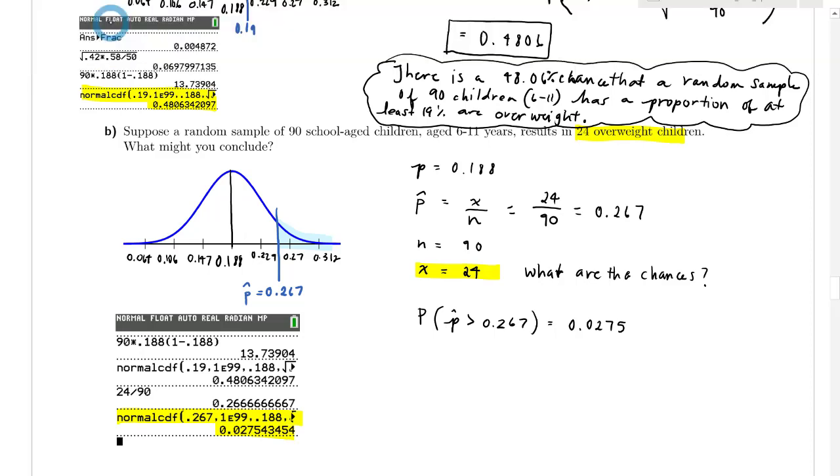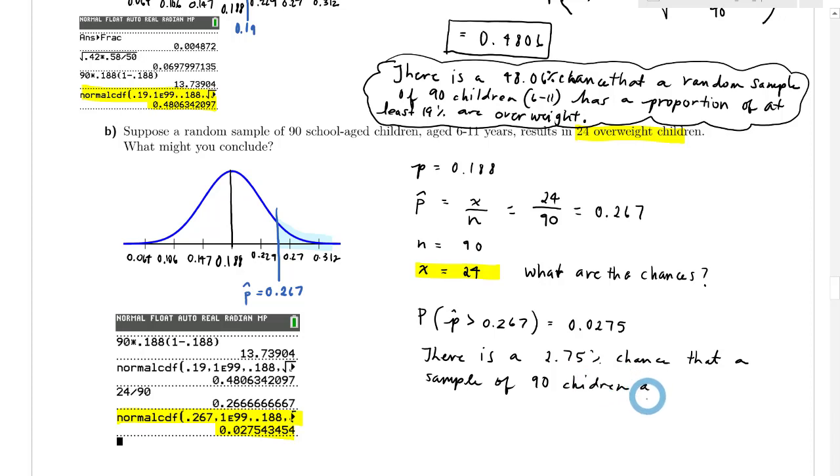Okay, so what are those chances? So that means that there is a 2.75% chance that a sample of 90 children, 24 of them are overweight.